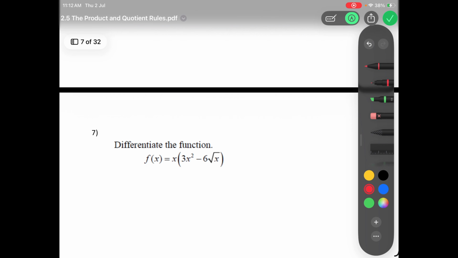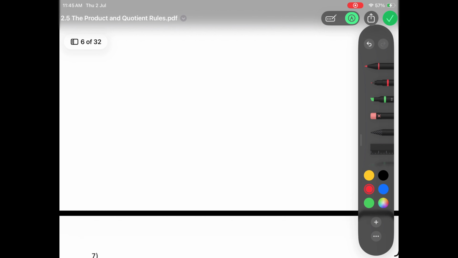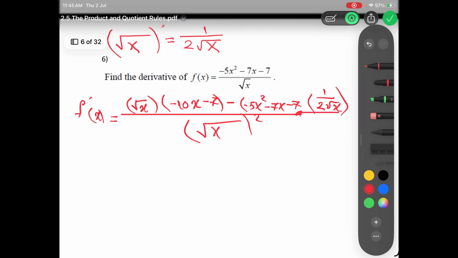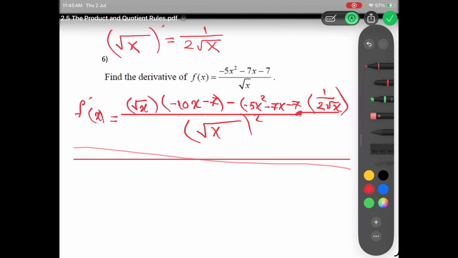Next, I have here what we call the product rule. But here maybe there is another approach to find the derivative.